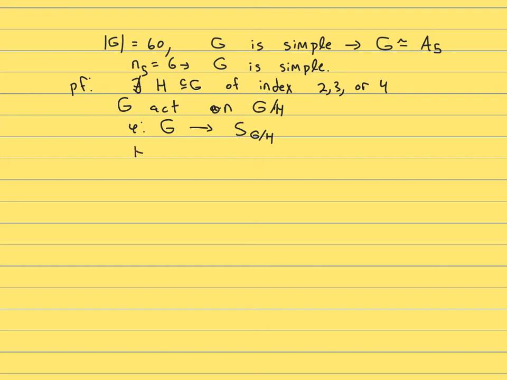And the kernel of this action would be the largest normal subgroup. So this is a theorem in the textbook we did not prove. But the kernel of such a homomorphism is the largest normal subgroup that's a subset of H. But because H is a proper subgroup of G, and because we're assuming G is simple, it must be the trivial group, which means that this is injective.